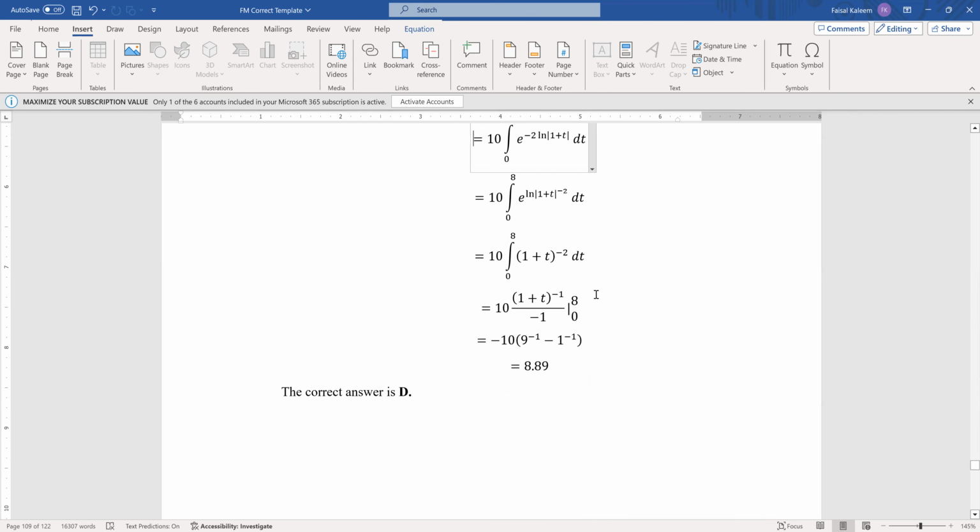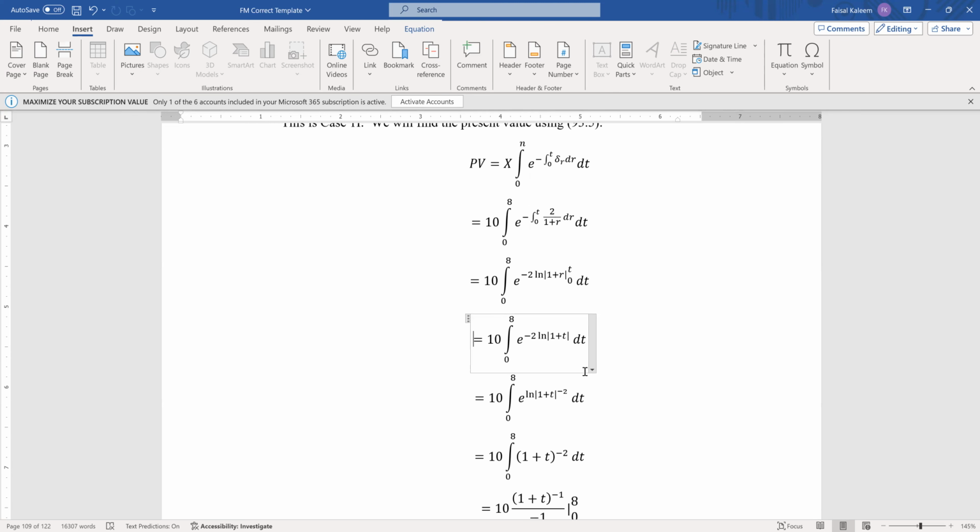The integral of 1 plus t to the negative 2 will be 1 plus t to the negative 1 over negative 1, if we use the power rule. Then when we substitute 8, this is 9 to the negative 1, and we have a negative outside. So negative 10 outside, 9 to the negative 1 minus, when you substitute t equals 0, 1 to the negative 1, and all this simplifies to 8.89.